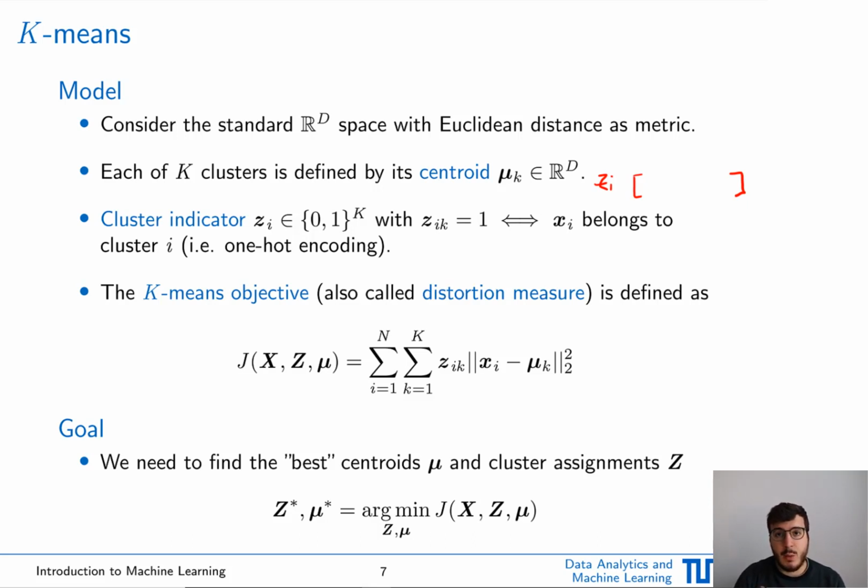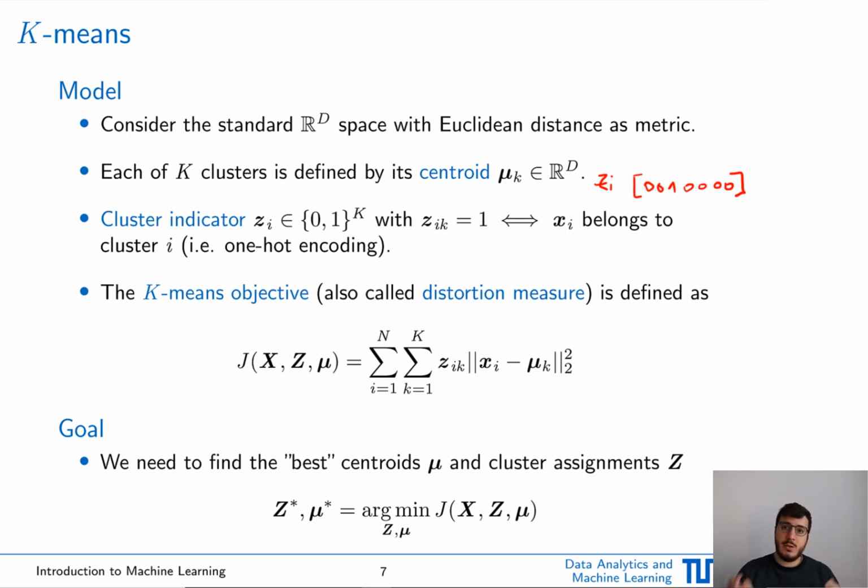Because it's a one-hot vector, it has zeros everywhere except at a particular position, which indicates which cluster this data point belongs to. So in this case, data point i has zeros everywhere except at the third position, which means that data point i belongs to cluster 3. And we have these cluster indicators for each of our data instances.